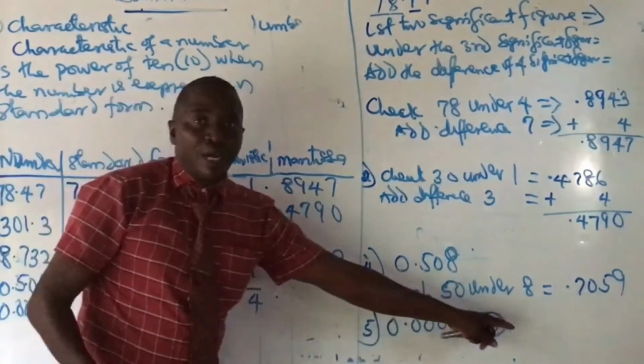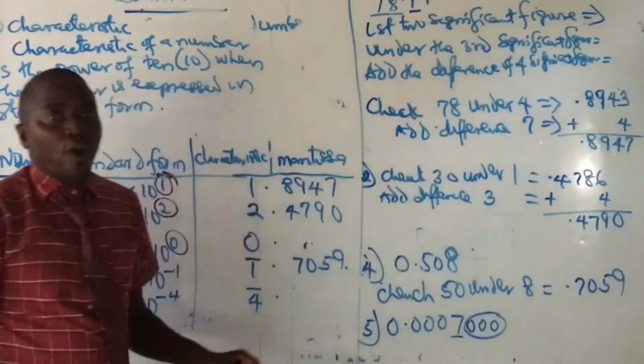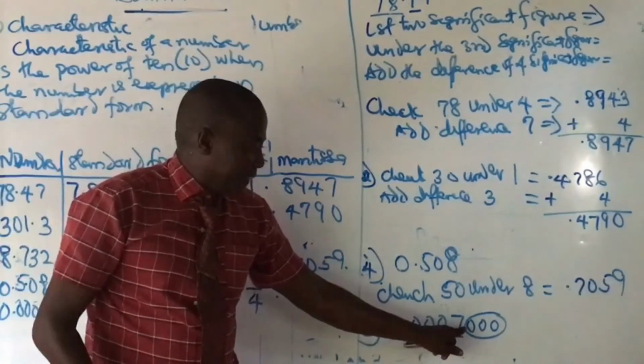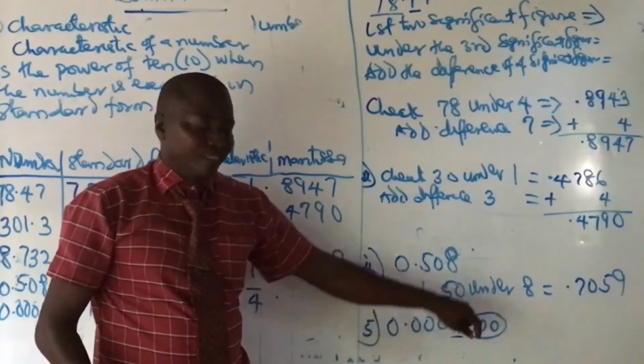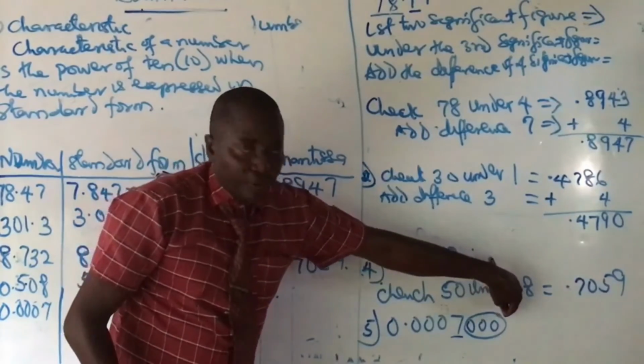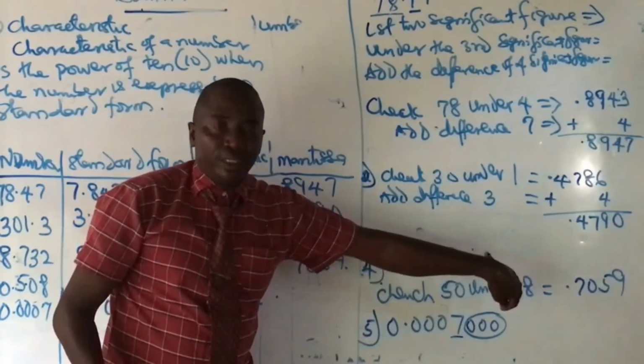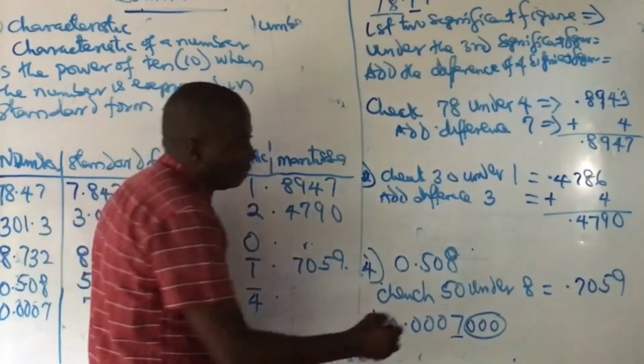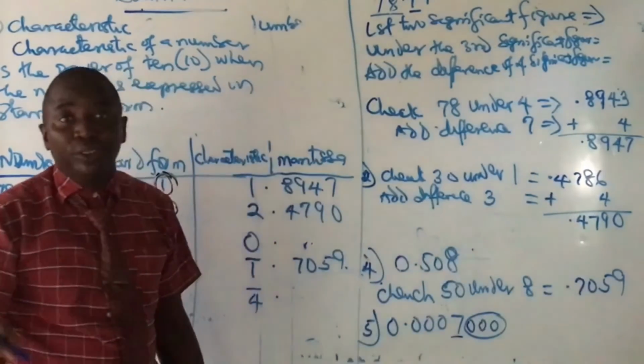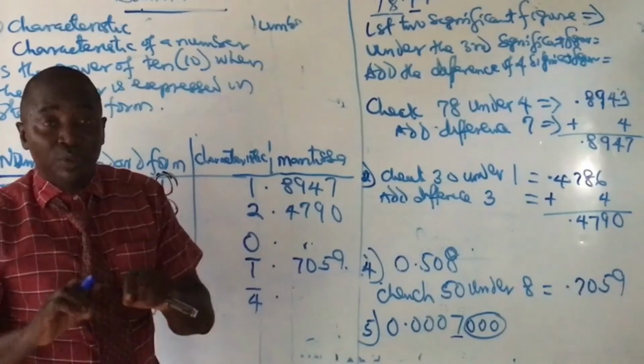So we put a point here and slot in 00, because 7 and 7.00 make no difference.